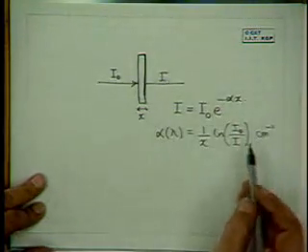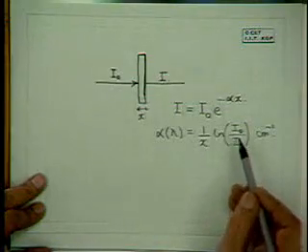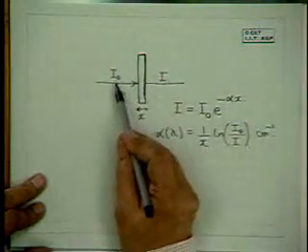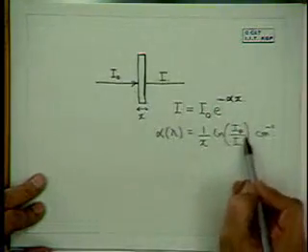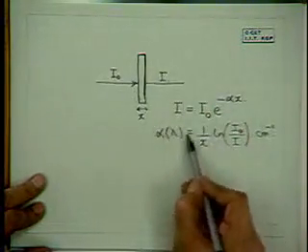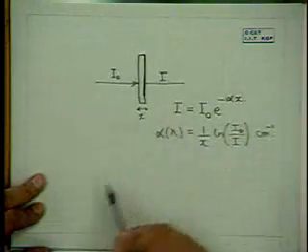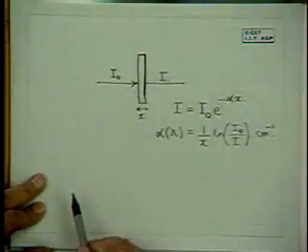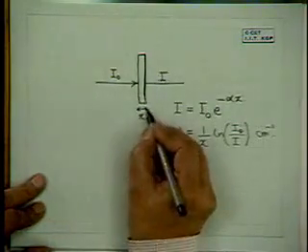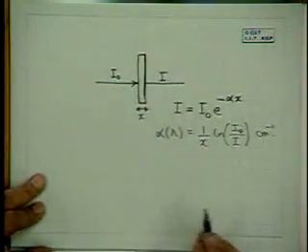Obviously, if the material is very strongly absorbing, then I will be much less than I0. Then this will be a large factor, and therefore alpha will have a large value. From this, one can distinguish between materials which are strongly absorbing and which are not so strongly absorbing.